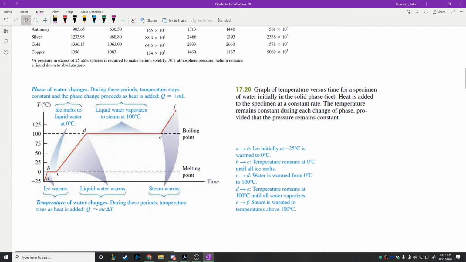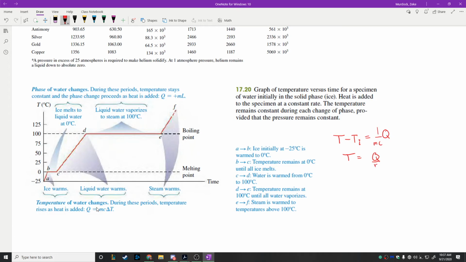And if we rearrange this equation right here, what we would get is something like this. Final temperature minus initial temperature is equal to the heat that's being added times 1 over MC. So if you wanted to think about this as just your normal function, Q would be like your x-axis.